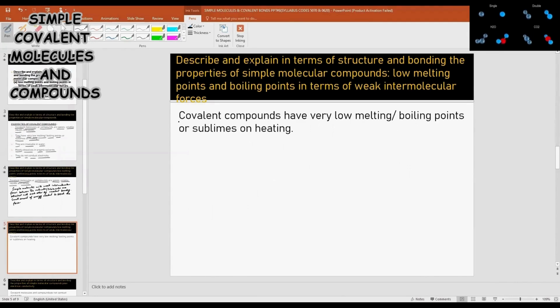Covalent compounds have very low melting and boiling points or sublime on heating.